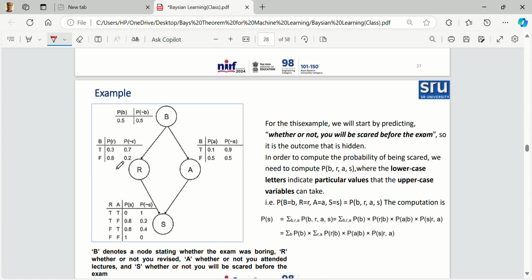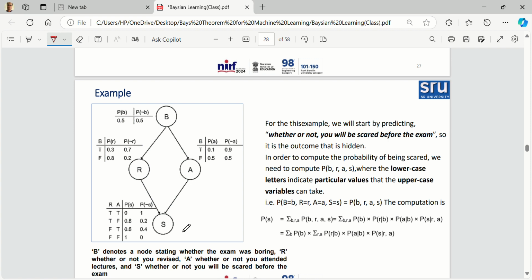For attending, regular attendance is 10% and absent 90% in one case, this is true, this is false. In the false case, absent 50% and not absent 50%. That is attending the class, or not attending the class.